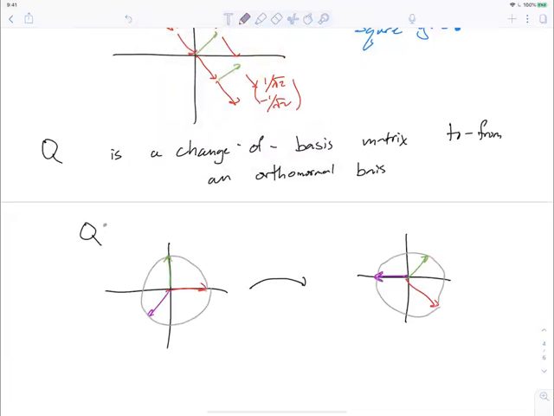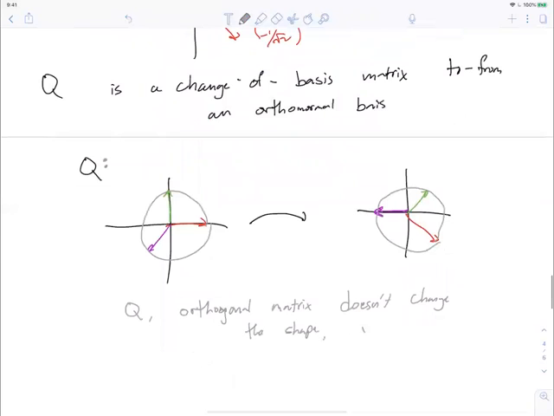So one key thing about Q geometrically: this orthogonal, orthonormal matrix doesn't change any shape. In the before and after graph, it only rearranges it. That's what it's doing geometrically.